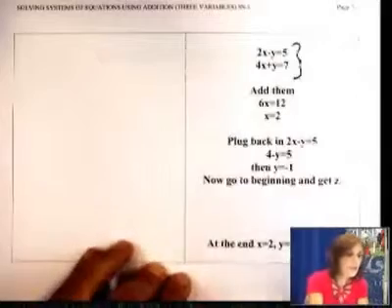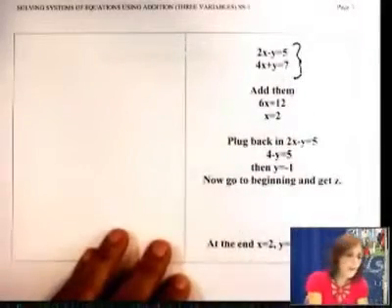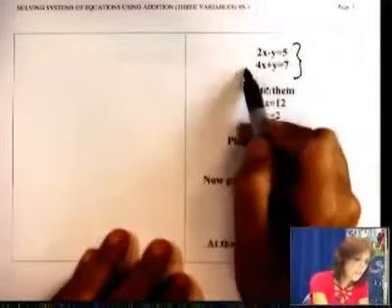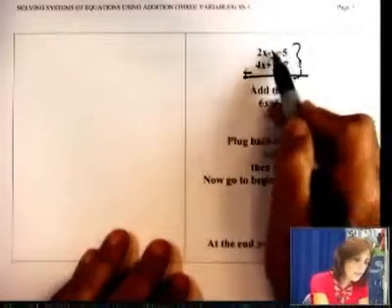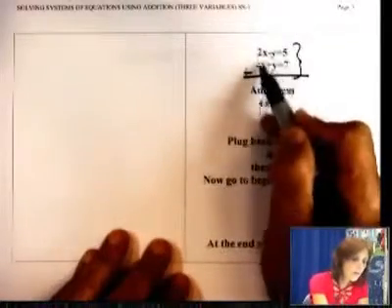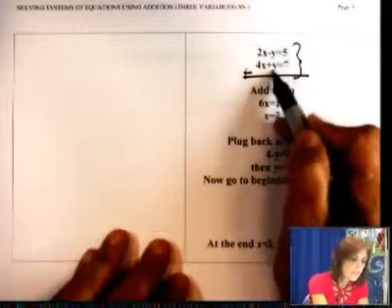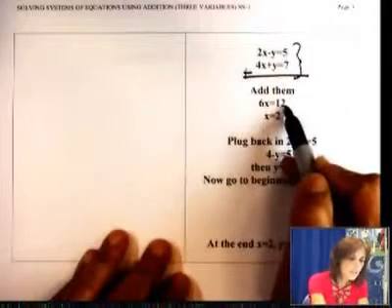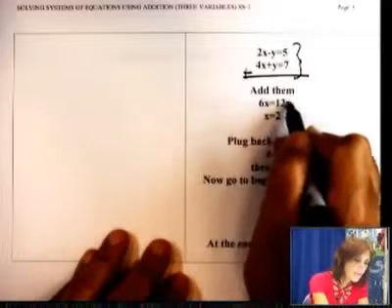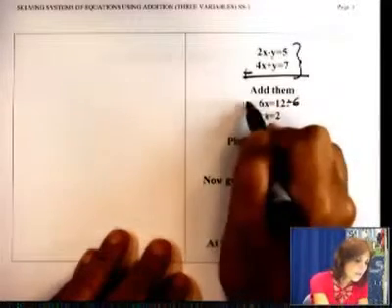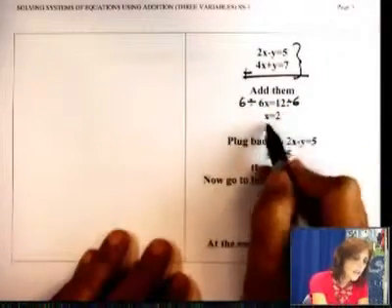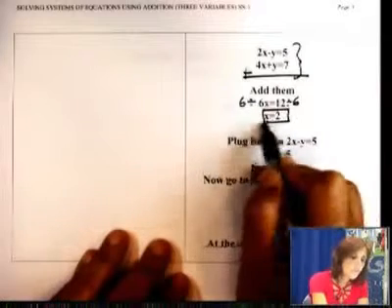So what I need to do now, I need to eliminate one more time. So when you add, look, this is negative 1 and 1. So you are going to have 6x. These 2 will go. 7 plus 5, that's 12. And from here, by dividing both sides by 6, you can get x equals 2.